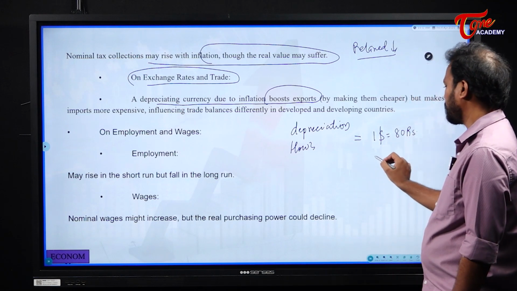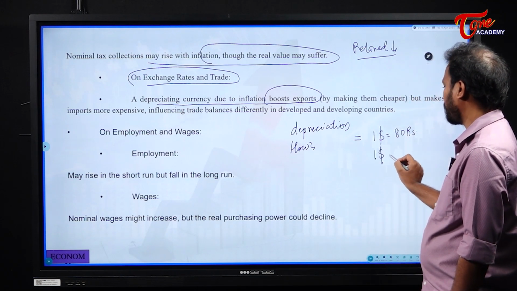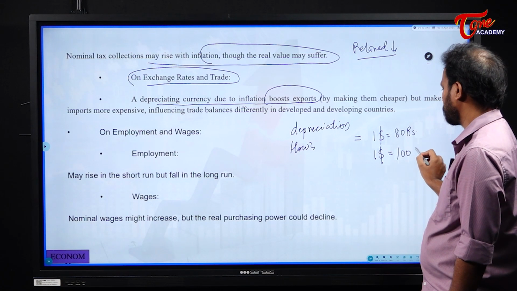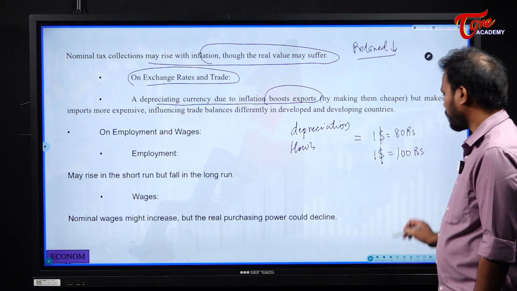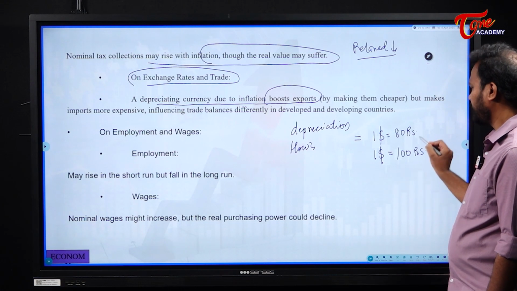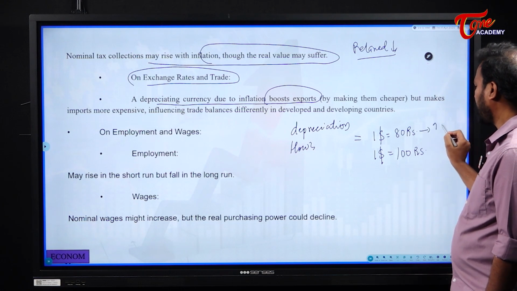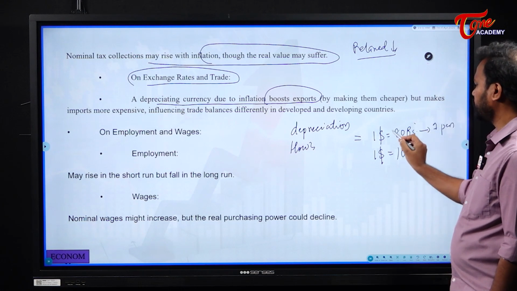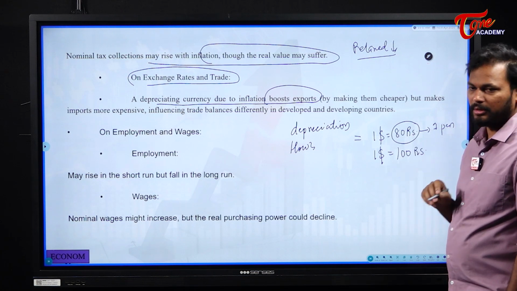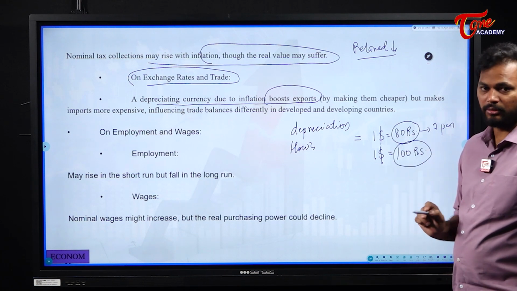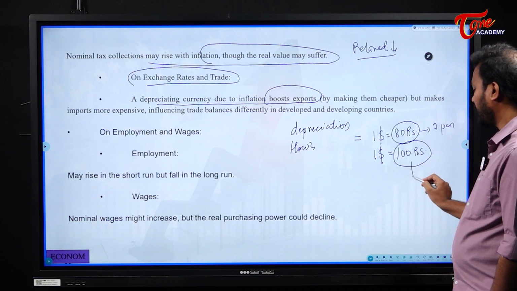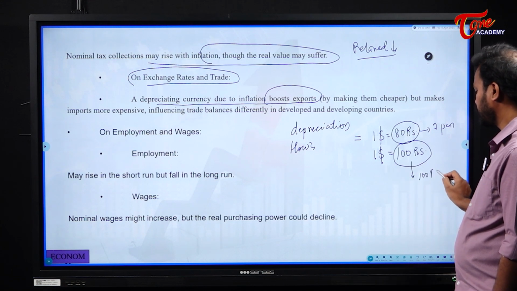Now, because of the depreciation of the currency, $1 has become 100 rupees. Previously, for 1 pen, I used to pay 80 rupees, that is $1. Now, because of the currency losing its value, for 1 pen, I am paying 100 rupees.